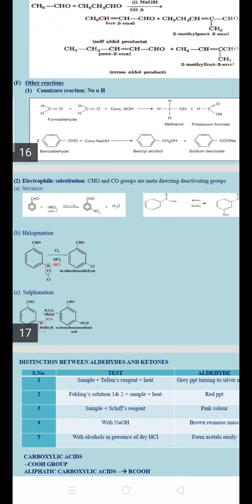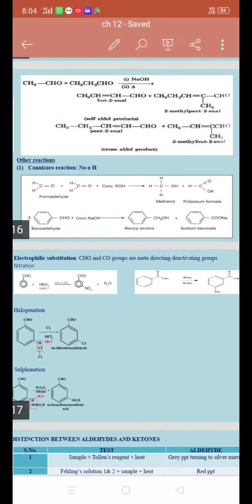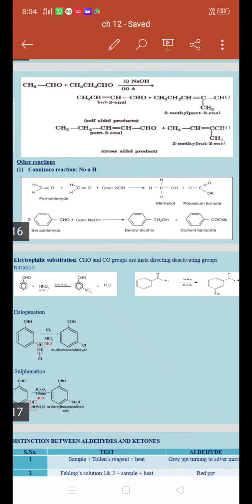Let me repeat. Aldehydes which do not have an alpha hydrogen atom will undergo self-oxidation and reduction. One aldehyde is reduced to alcohol while the other aldehyde is oxidized to a carboxylic acid salt. Let me tell you the reaction, the exact picture from the textbook. I have formaldehyde.